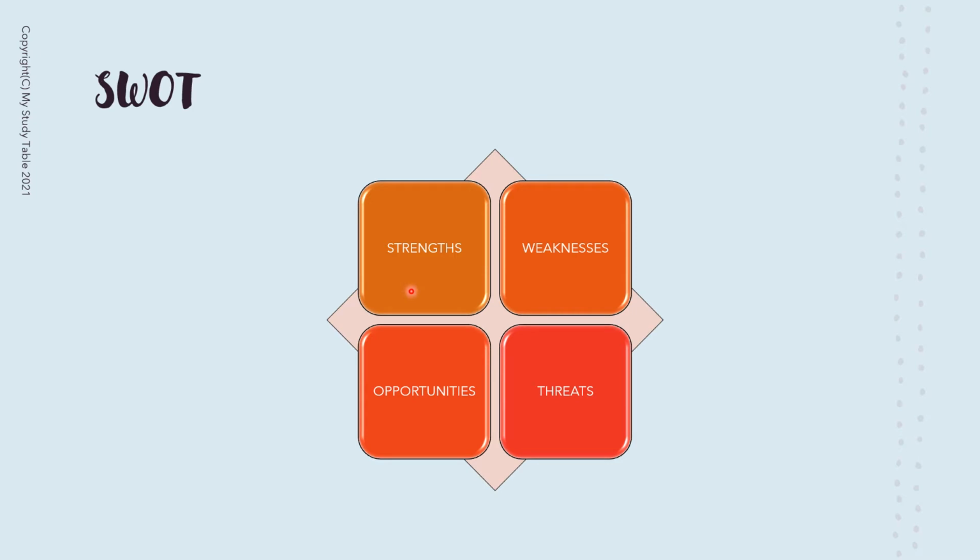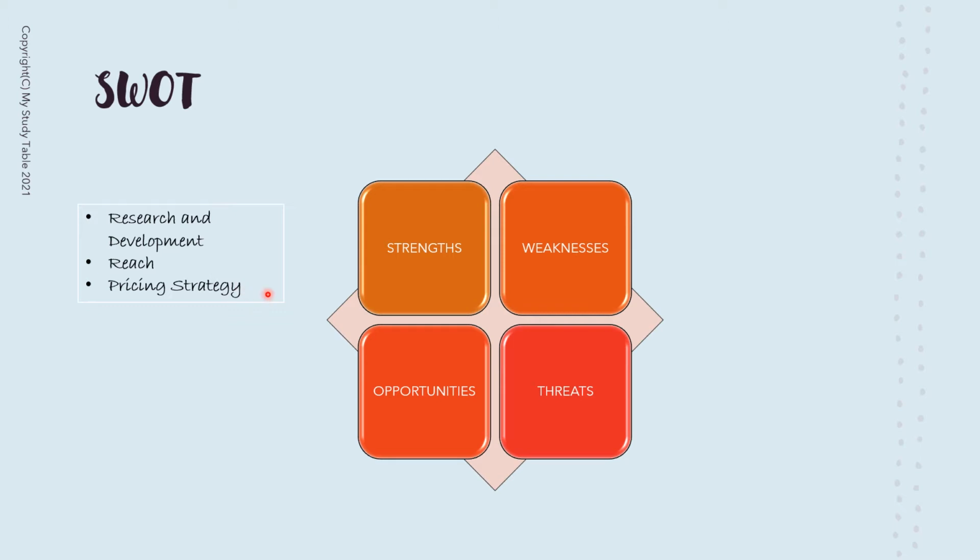Identifying these strengths can help the organization maintain them as well as build further on them. So I've just mentioned a couple of possible strengths of the organization. It could be the R&D, which is research and development facility of the organization. It could be the reach of the organization to different customers and markets.